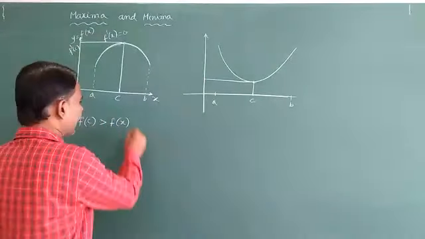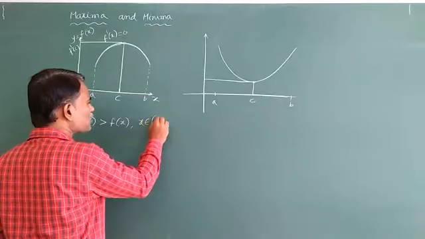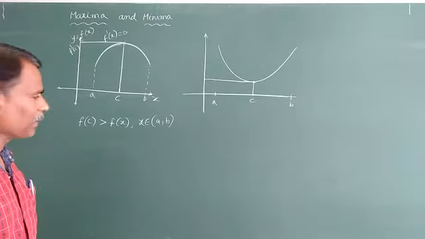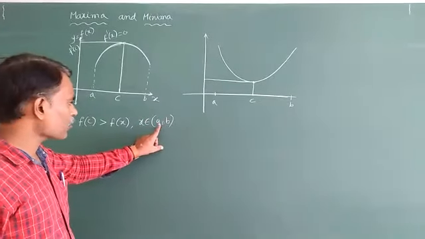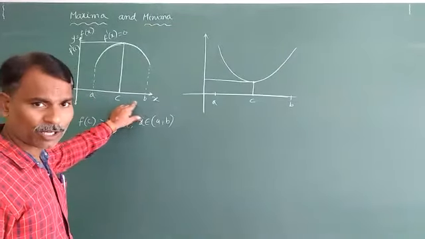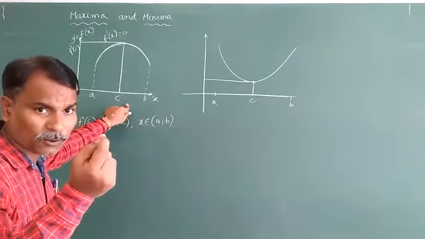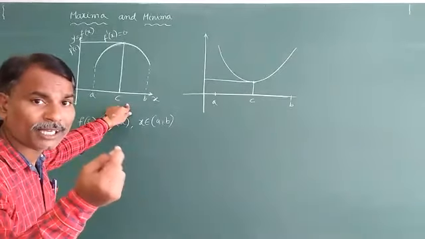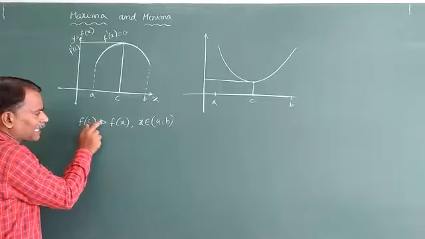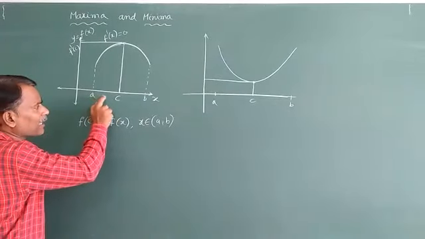The domain of x means x belongs to a comma b. So x belongs to whatever values we are considering. Definitely out of these values, one value is showing the highest value. So that particular value is greater than f of x, the rest of the remaining values here.